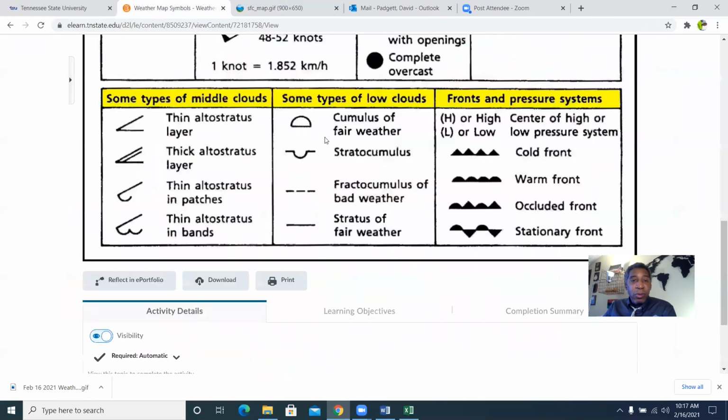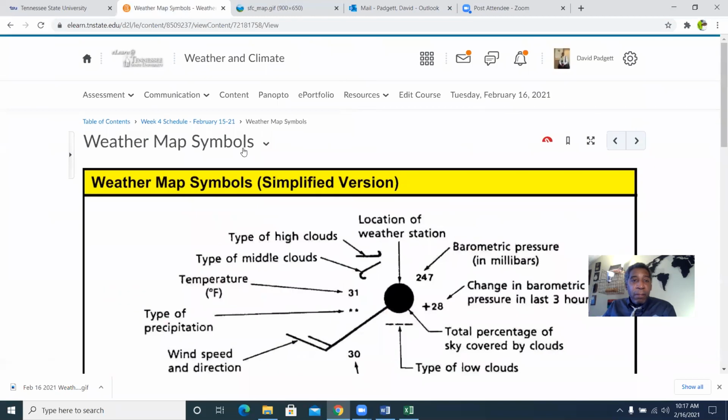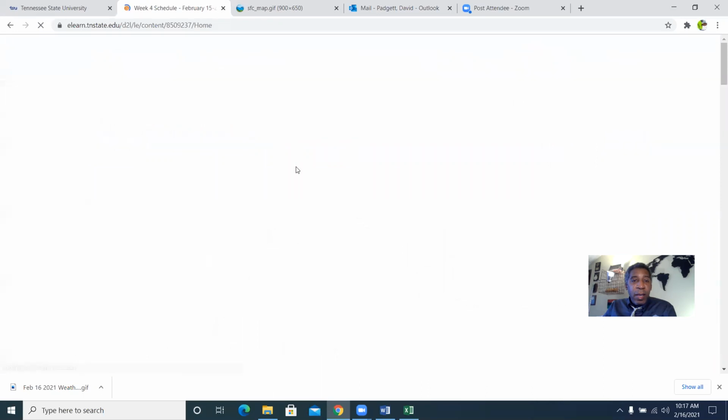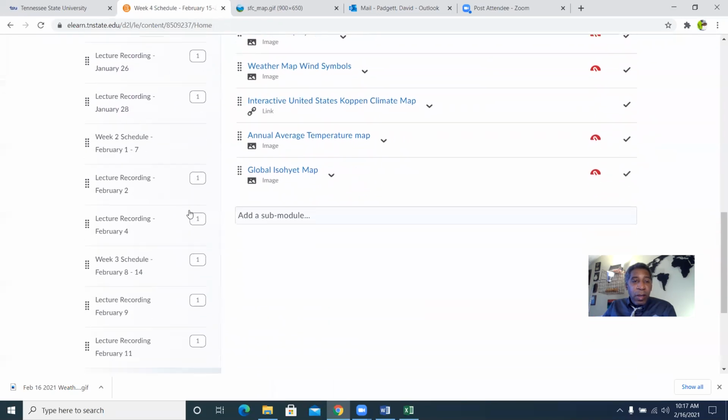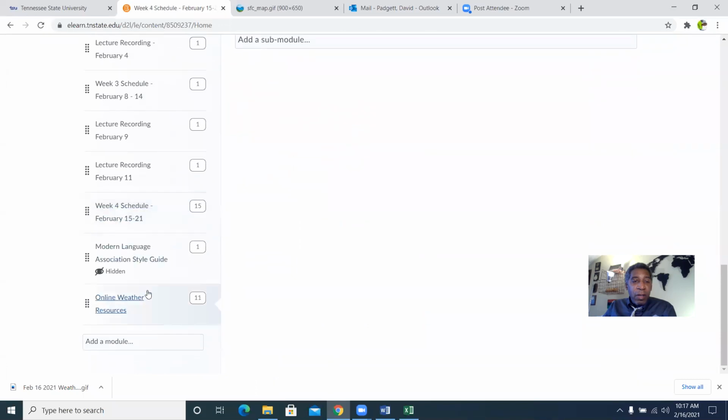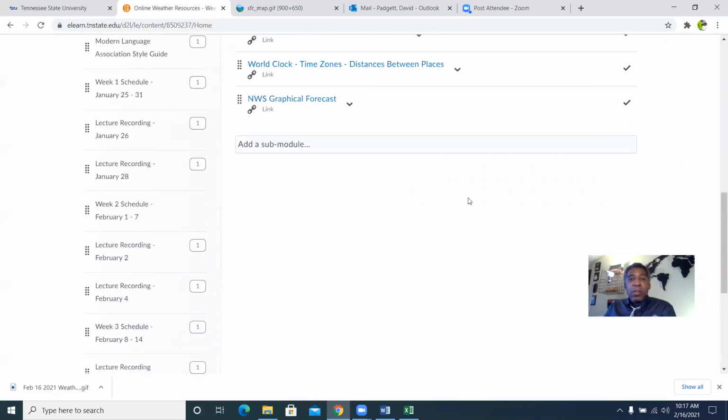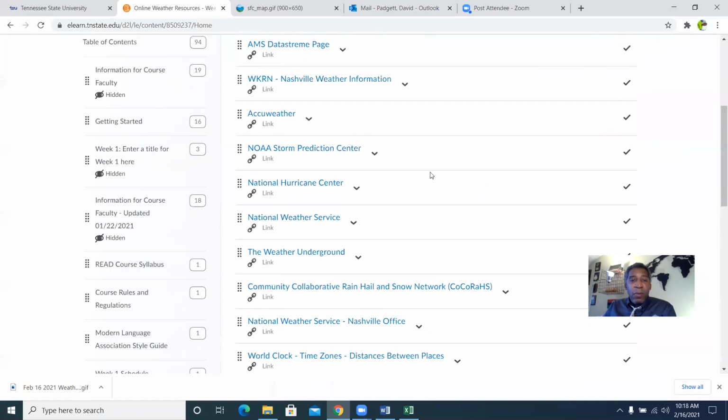We can go right to content, and we should have online weather resources. And of course, your National Weather Service site is here.